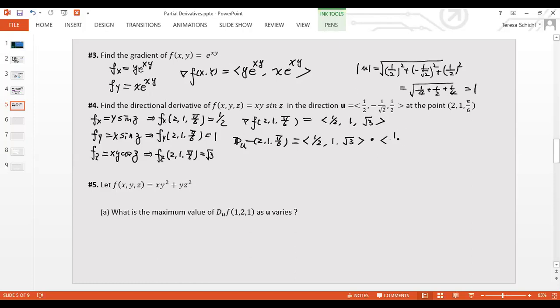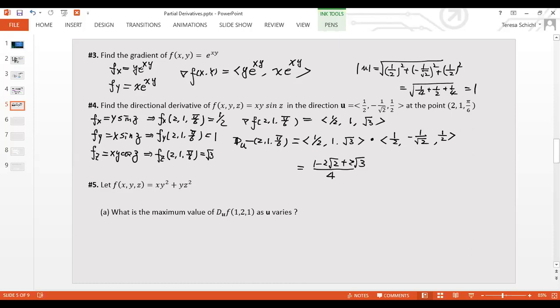So this will be (1/2, negative 1 over square root of 2, and 1/2). Okay, so if you do that, the final answer will be 1 minus 2 square roots of 2 plus 2 square roots of 3 over 4.